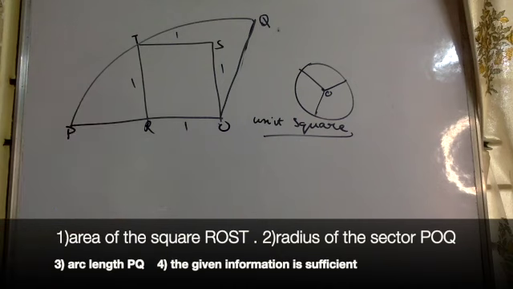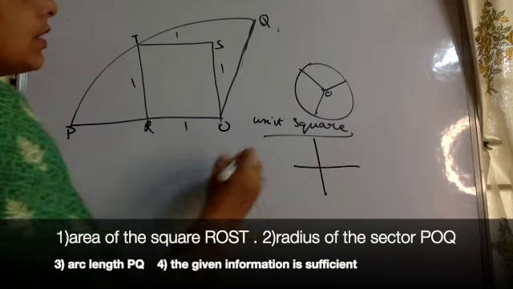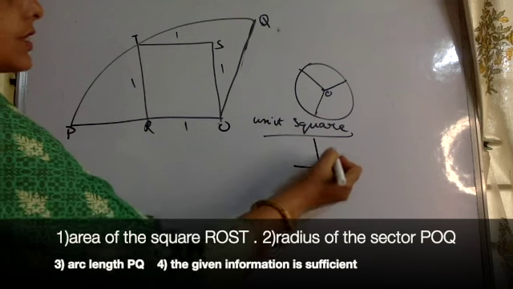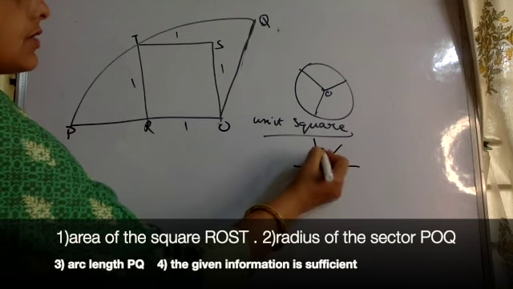So how do we find the area of this sector? First thing we must understand is what we need to find the area of a sector. Supposing I have a sector which is, let's say, 30 degrees.